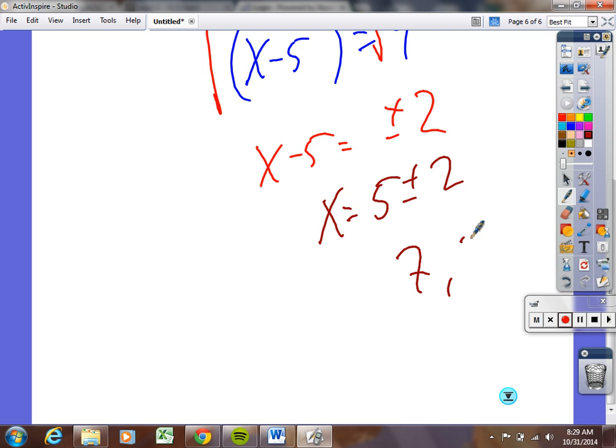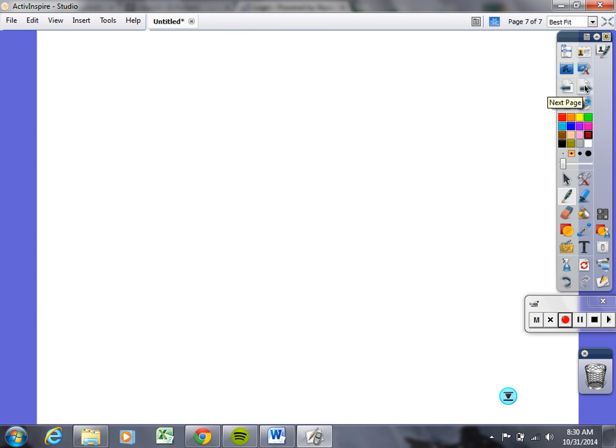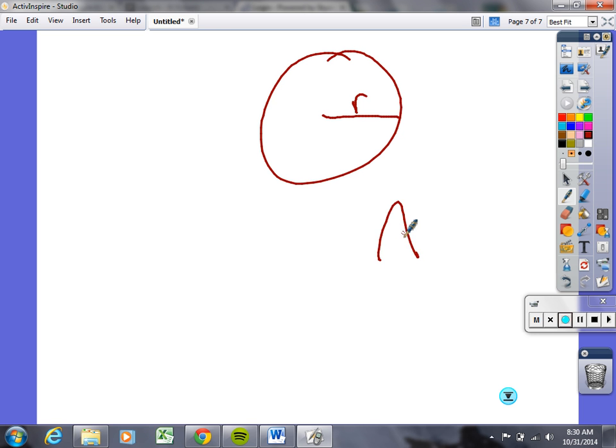Last one. I'm even going to make it simple: x minus 2 squared equals negative 4. So we take the square root, correct? So this would be x minus 2 equals plus or minus 2i. Then I add the 2.